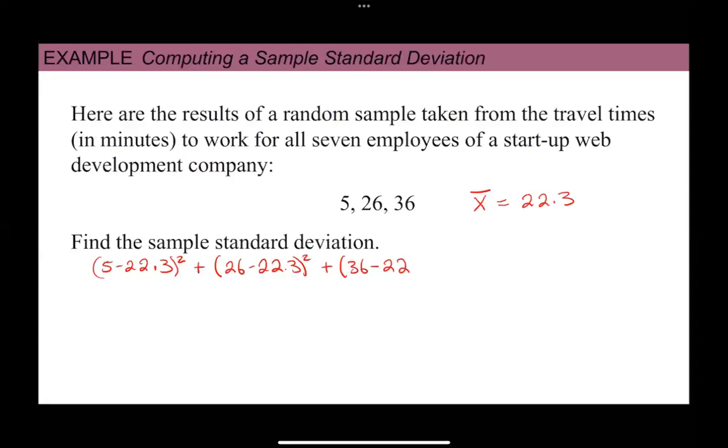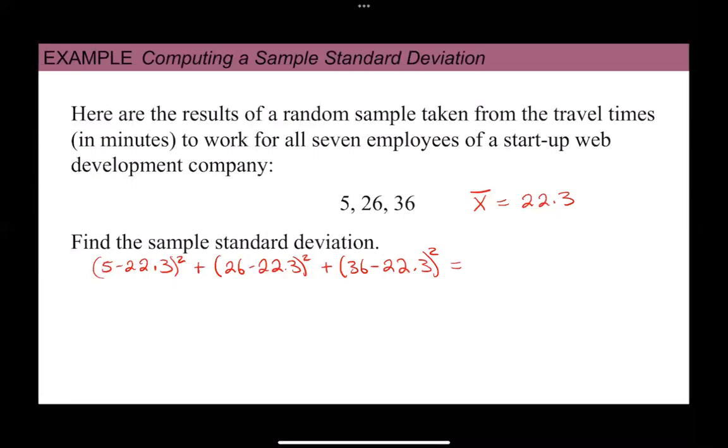minus 22.3 squared. So if you want to be fancy and do less work, if you put it in exactly like this into your calculator, you could do it all at once. Just make sure it looks like this, parentheses and all, and it will work beautifully in your calculator. You can do it all at once.